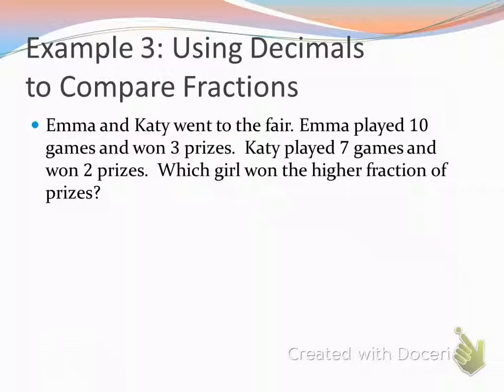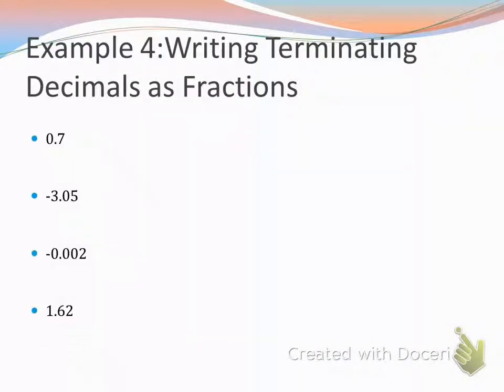Now in example 4, I'm going the other way. Now I'm going from a decimal to a fraction. The most important part about converting a decimal to a fraction is to look at the last place value of your decimal, whatever place that last digit is in.